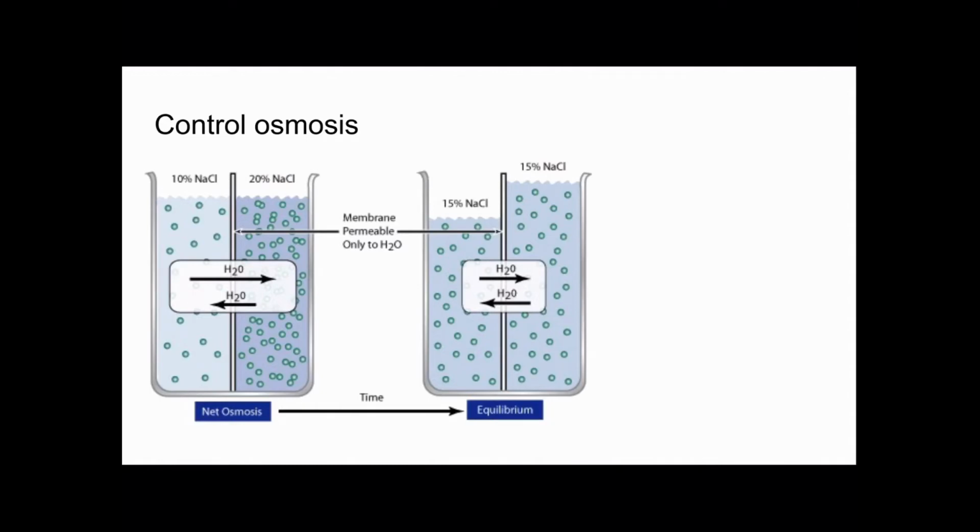Over time, we look now at the beaker on the right to see what happens after time passes. Water passes from the left side of the beaker to the right side, and it will keep passing through that membrane until it evens out the amount of sodium chloride dissolved in the water on both sides of the membrane.